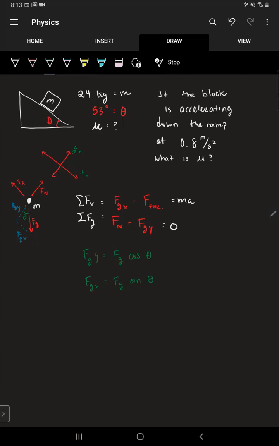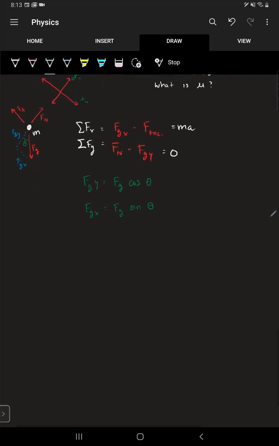Now, sigma Fx is equal to Fg sine theta minus the force of friction. Do we know the force of friction's equation?